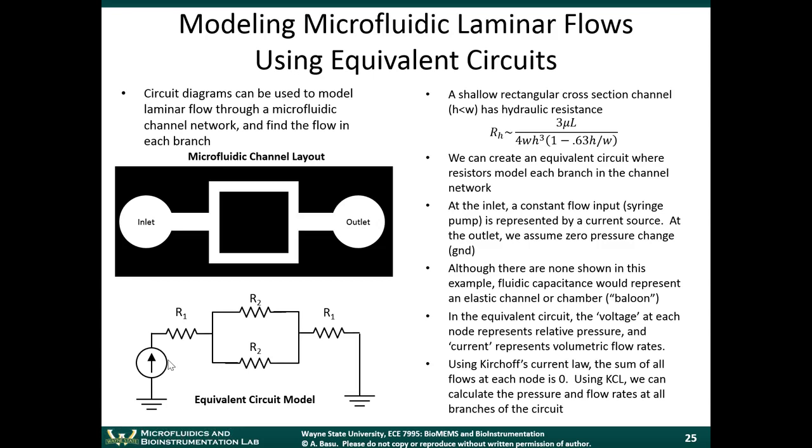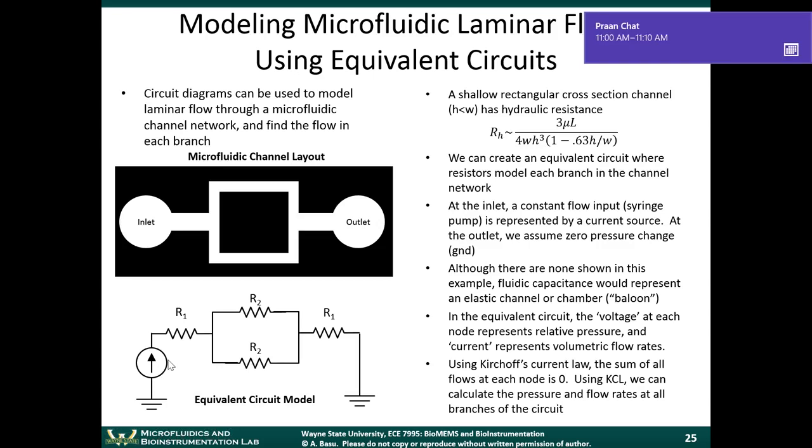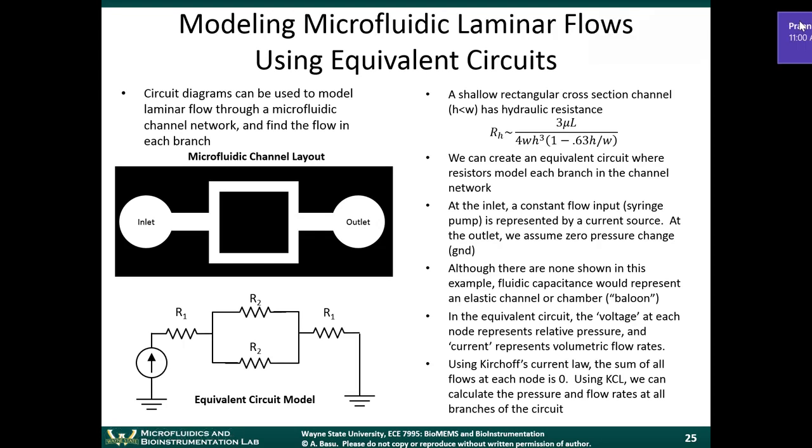Just like a current source is delivering charge into the circuit, the current source is delivering fluid into the circuit. A current source would represent a flow of liquid, like a pump. Imagine a syringe pump, where you're just pushing on a syringe and pushing liquid at a fixed flow rate through the channel.